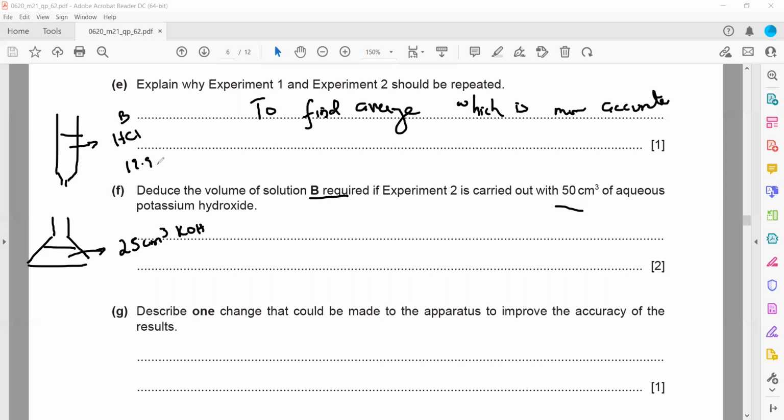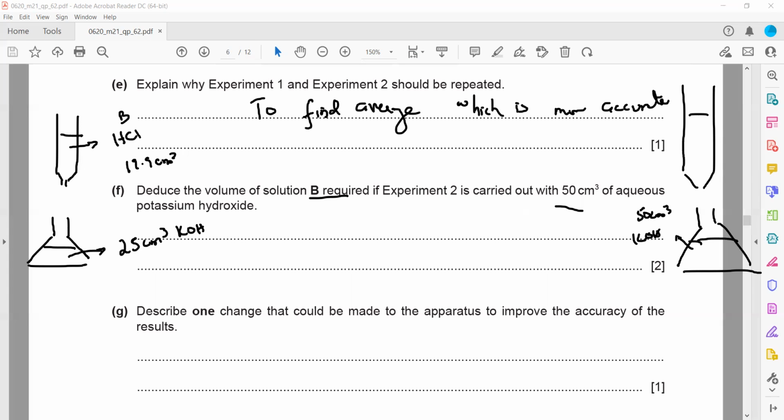We were using 19.9 cm cube. But now they're saying we double the volume of potassium hydroxide in the same conical flask, 50 cm cube of potassium hydroxide. So how much do I need for a complete reaction? For solution B, if 25 is reacting with 19.9, so 50 will react with double of it, so 19.9 multiplied by 2. So it will be 39.6.